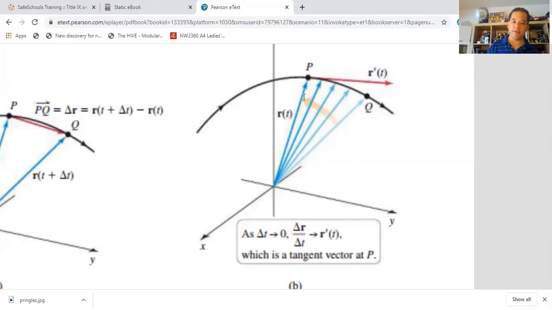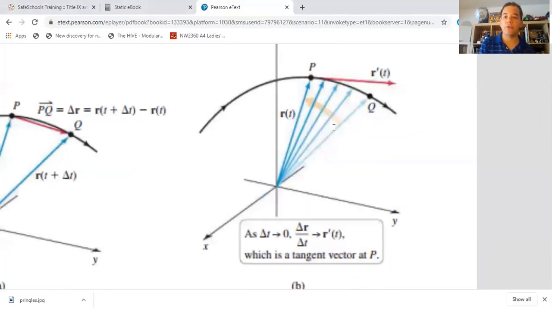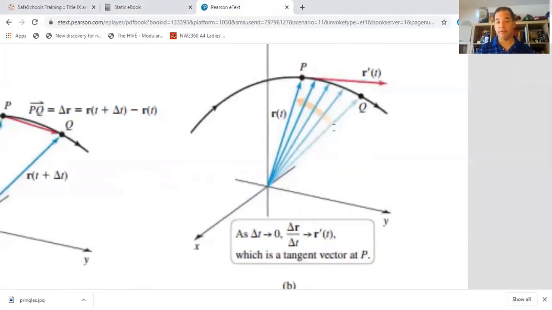And when that happens, this red vector that we drew is not going to be a secant vector anymore. It's going to be closer and closer to the tangent vector, right? So r prime of t is going to have that interpretation. R prime of t is always going to point in the direction of where the object is moving and tangent to the curve.